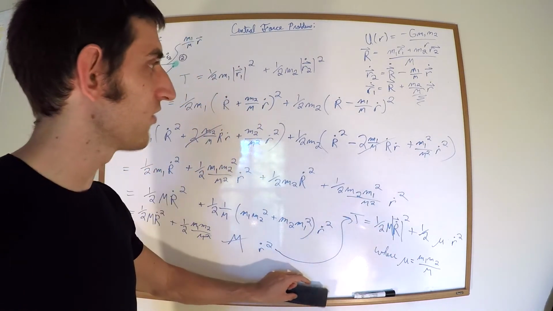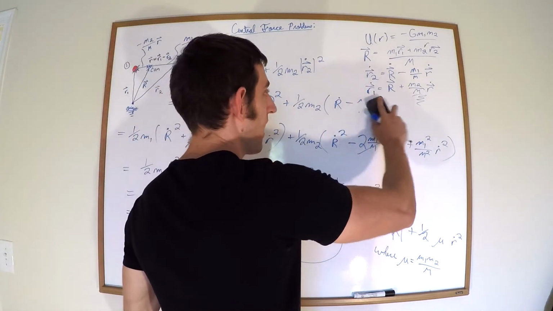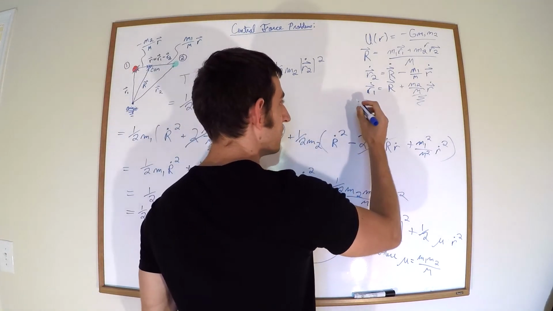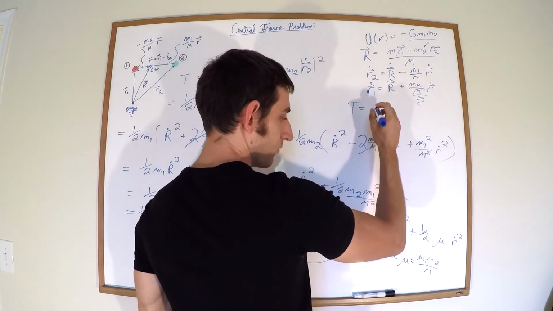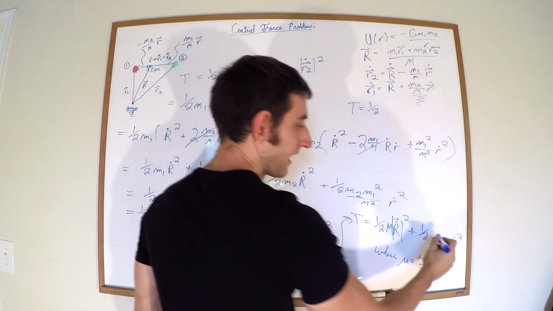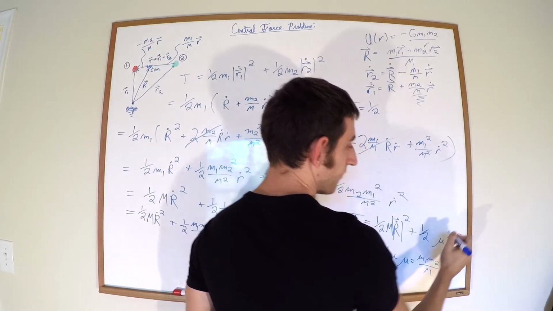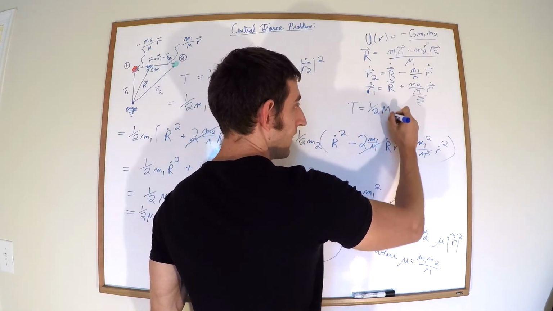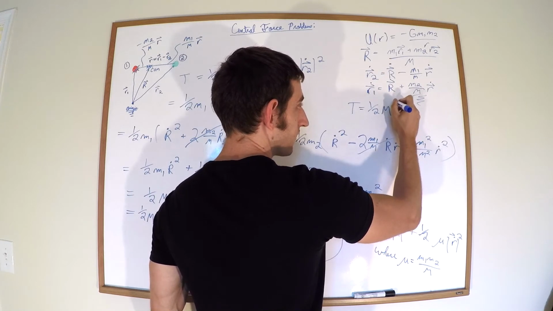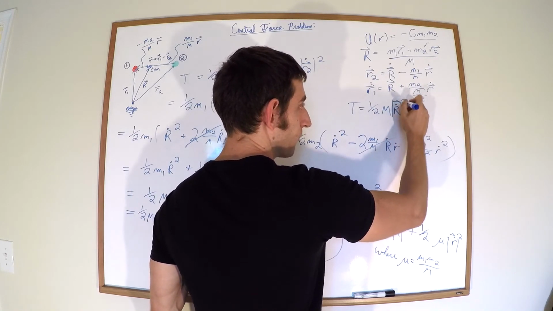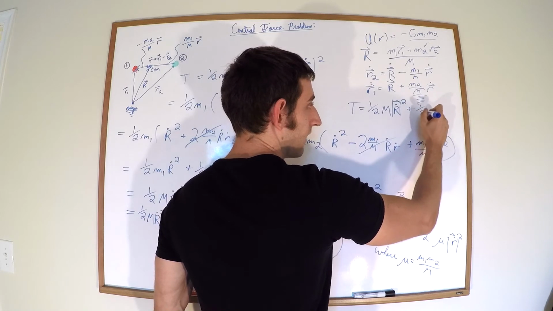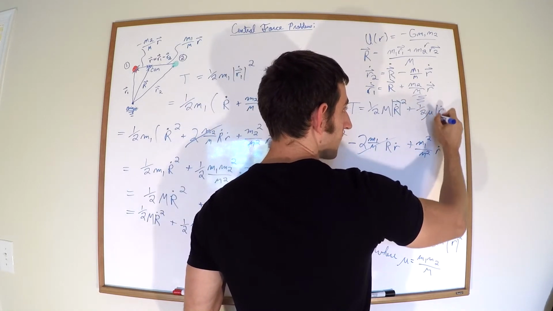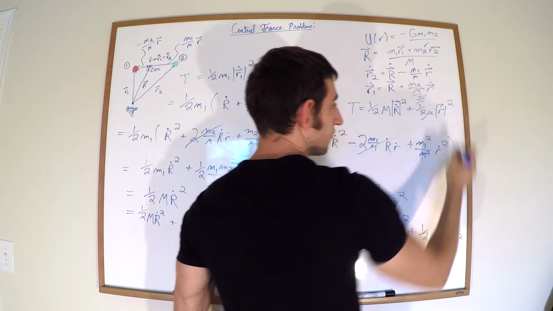So we get this nice result here, which I'm going to write down in our collection of equations as the kinetic energy is equal to 1/2. And again, this should be the magnitude of the vector. 1/2 M R dot magnitude squared plus 1/2 mu r dot squared.